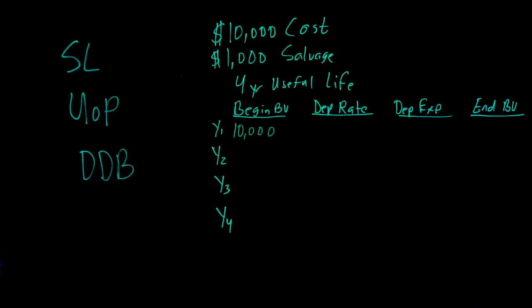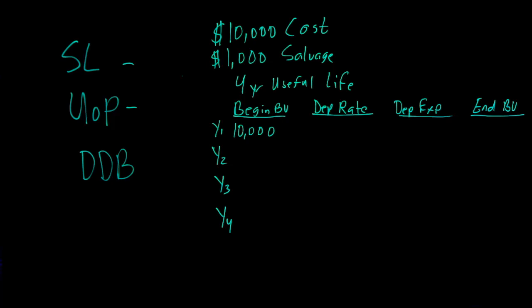One key thing to remember with double declining balance is we're going to start with the $10,000. We're not going to reduce the salvage yet in our depreciation calculation. So with straight line in units of production, we calculated depreciable cost as cost minus salvage value. Double declining balance, we're going to start with the book value.